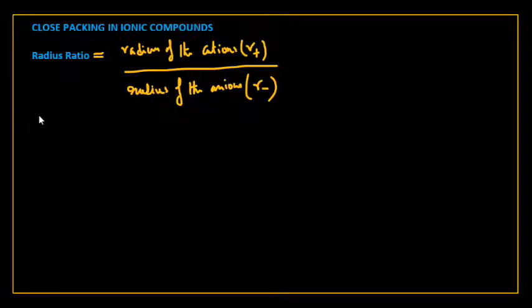If the radius ratio is in between 0.155 to 0.225, then the coordination number will be equal to 3.